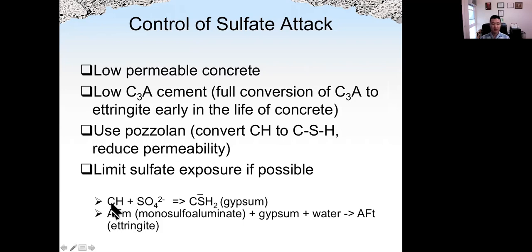That means we have less gypsum, and less ettringite formed. Also, pozzolanic reaction will reduce the concrete permeability. So that is the number one most important thing to control sulfate attack. Use pozzolans if possible. And of course, if we can limit the exposure to sulfate, that's very helpful.